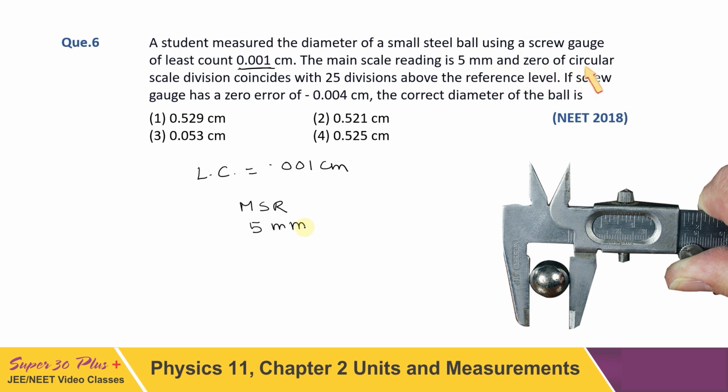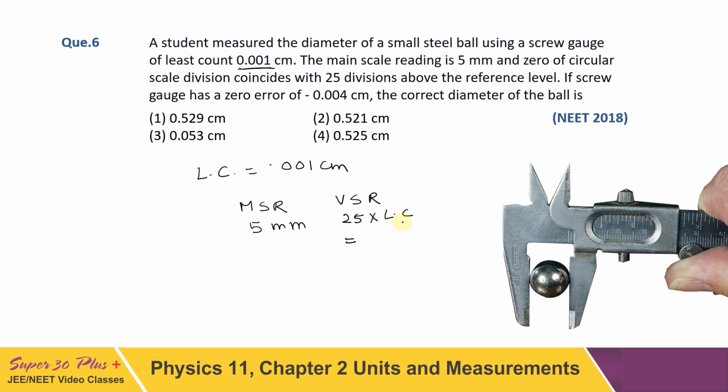And 0 of the circular scale division coincides with 25 divisions above the reference level. So what should be the vernier scale reading? This shows that the 25th division is coinciding with the reference line. So 25 multiplied with least count will give you the vernier scale reading.